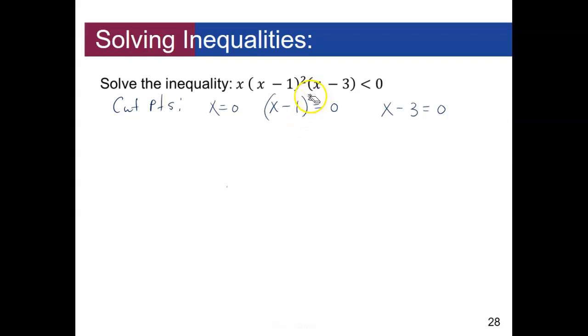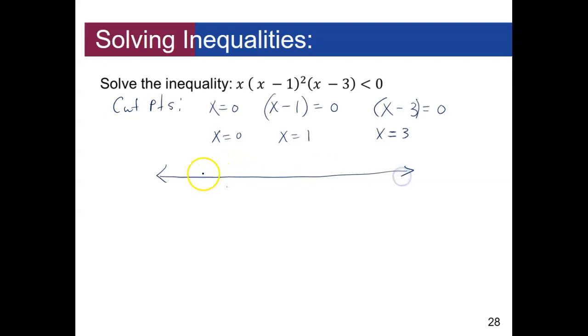It's not going to affect our problem. Okay, so we just really need to look at these factors. So this one would be 0, this one's going to be 1, and this one's going to be 3. And obviously, as you get more proficient at this, you can look at it and see that your cut point is going to be 0, 1, and 3. You don't have to always do this part here.